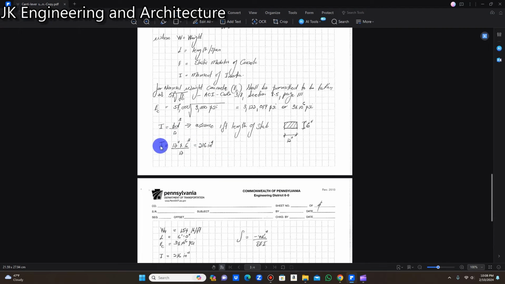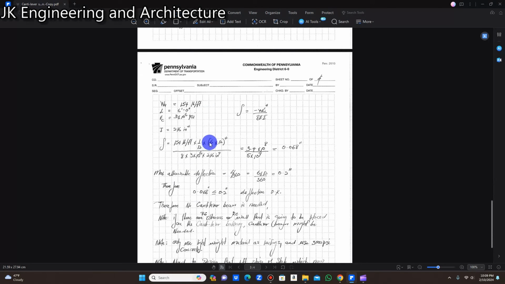Therefore, having converted the moment of inertia to 216 inch to the fourth, we can now utilize the formula to calculate the amount of deflection.